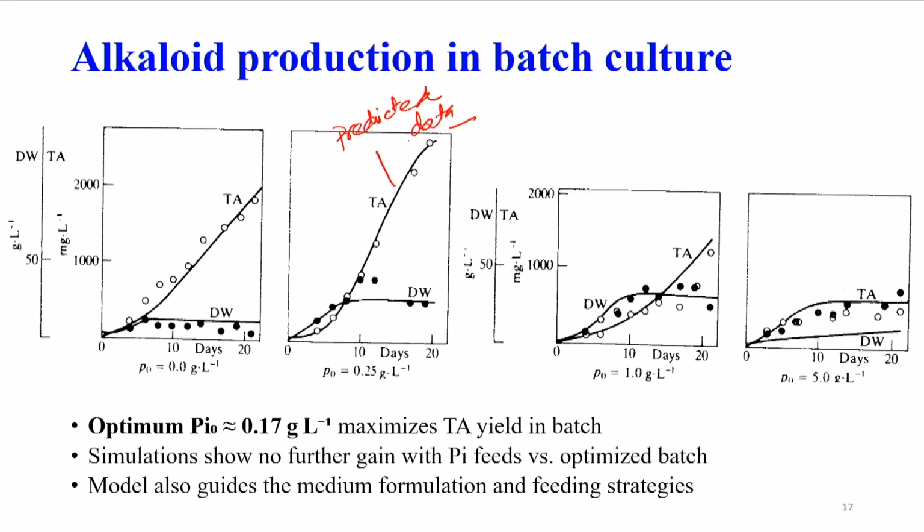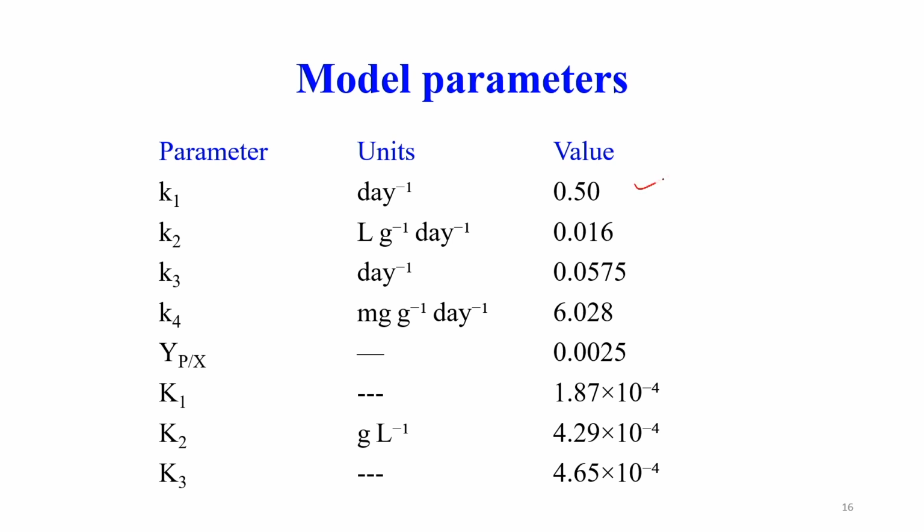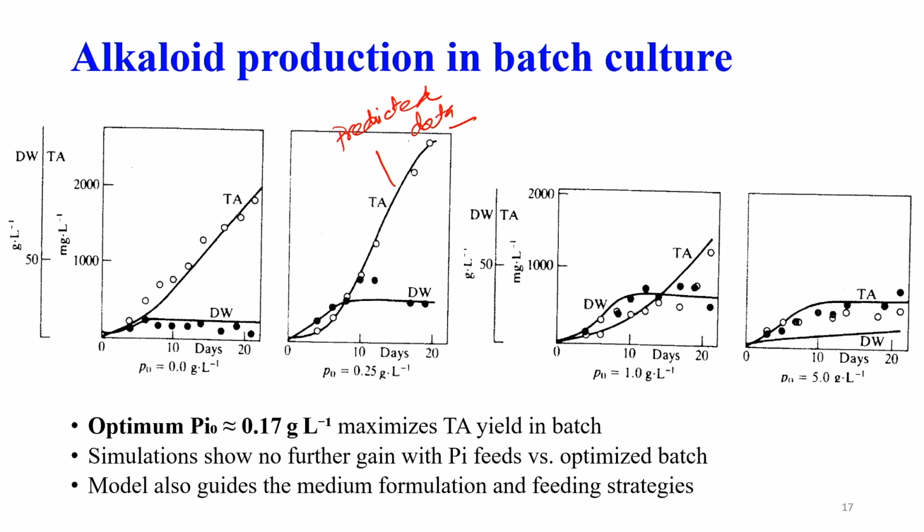So, now we should be able to calculate those kinetic parameters: k1, k2, k3, k4, as well as Yp/x, K1, K2 and K3. These are the model parameters which were estimated after fitting the experimental data, and what it predicted is that the optimal phosphate concentration, between 0 and 0.25, came out to be 0.17 to maximize the total alkaloid yield in a batch culture.